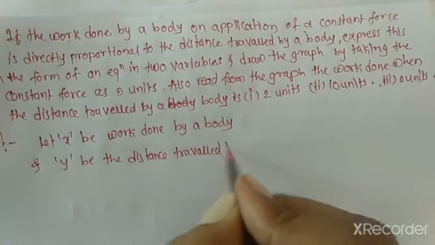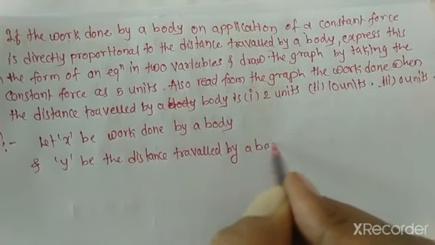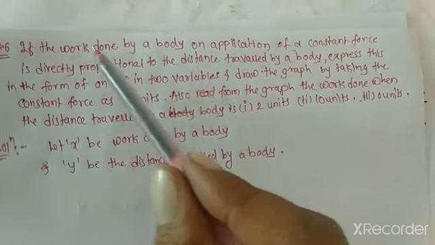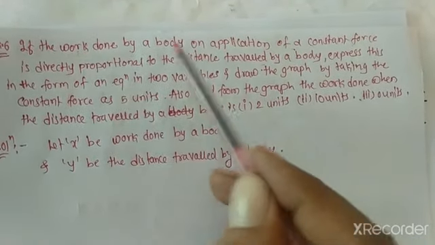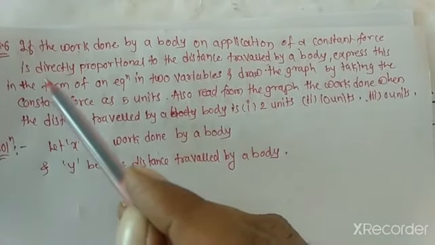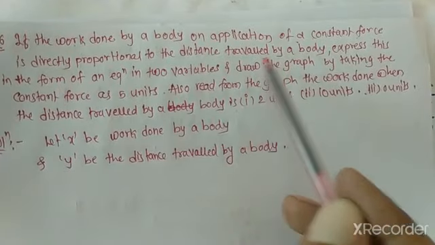Okay, so we have defined 2 variables. That means the first is the work done by a body on application of a constant force, and it is directly proportional to the distance traveled by a body.